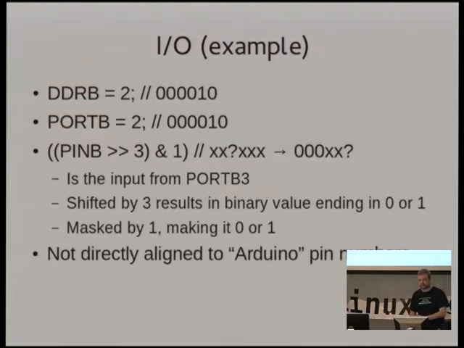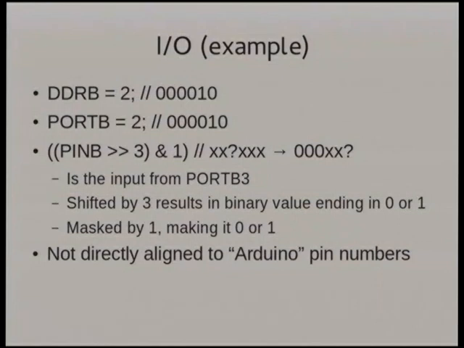And here's an example of actually using it. You can see I've very helpfully done the maths on the binary, which I think I've got right this time. And you can see I've set the data direction register to 2, so that sets one of the pins to output. I've set that same bit in PORTB to high, so that actually sets it to high. And the third example is reading from PINB.